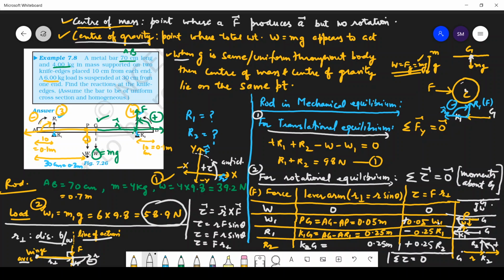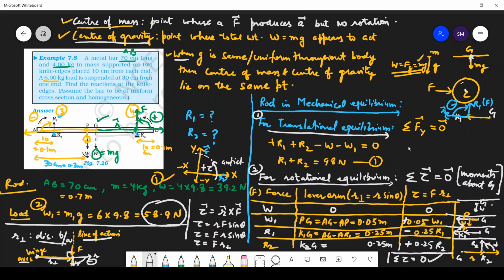Put the value 58.9 here and multiply, you will get a constant. Then minus 0.25 R1 plus 0.25 R2. After solving this you will get an equation.